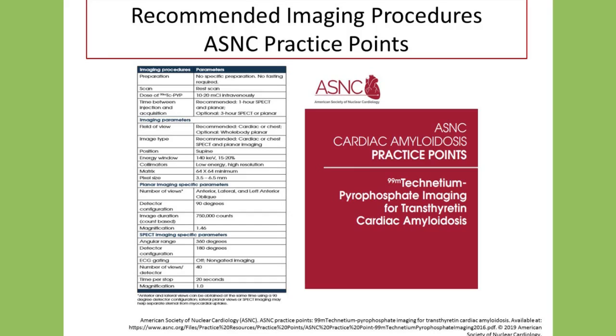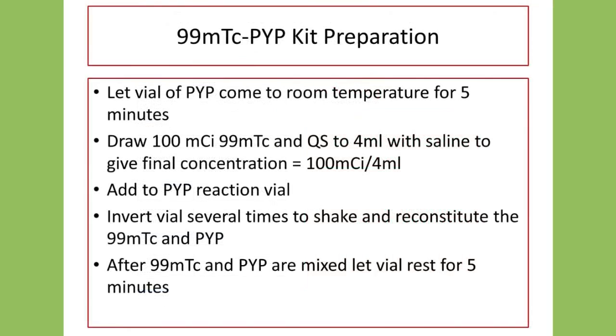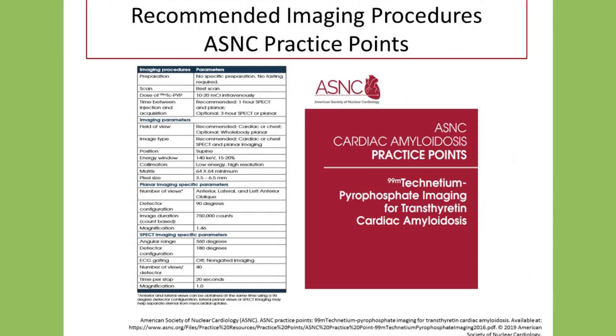Recommended imaging is that you do both planar and SPECT at 1 hour, and depending on those findings, the recommendation was optional 3-hour SPECT or planar as well. As I present some of the anomalies we see, or some of the confusion around this, there are labs now across the country that think it may be better to skip the 1 hour and do just the 3-hour to avoid blood pooling.